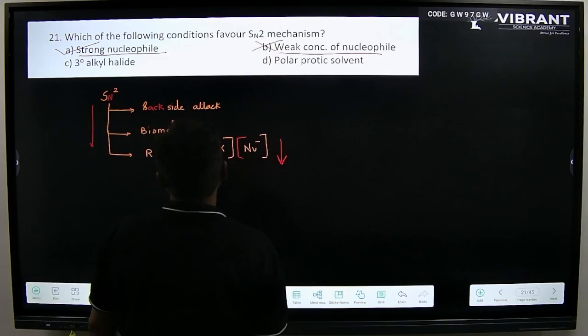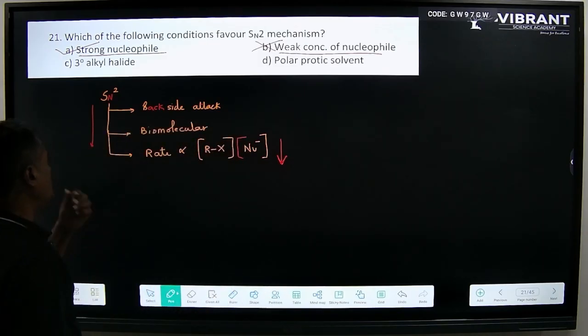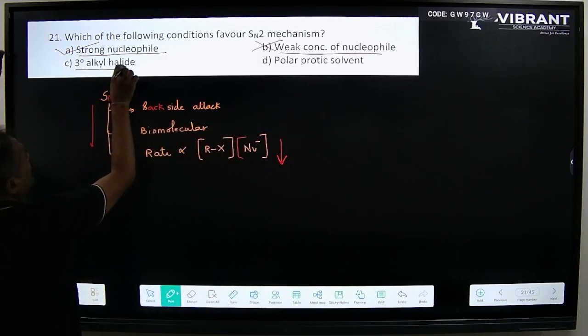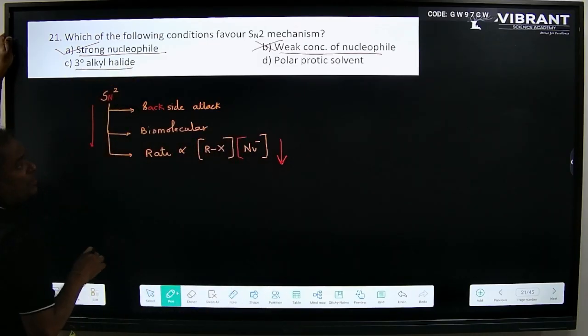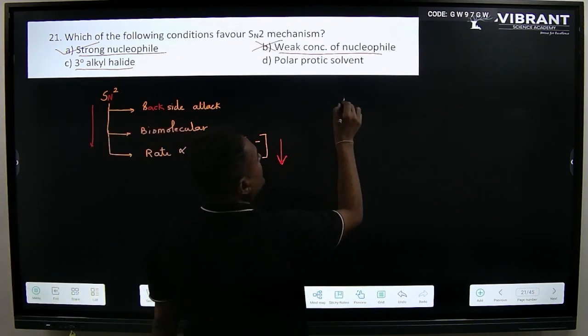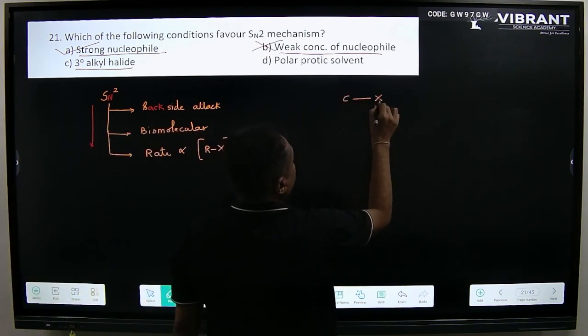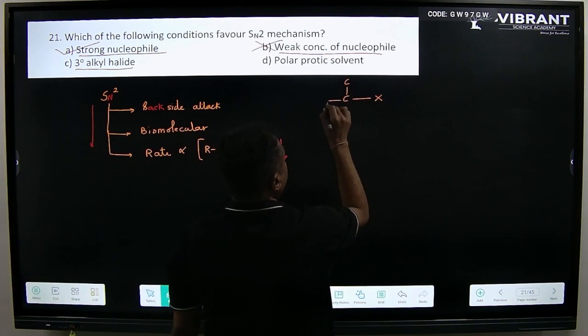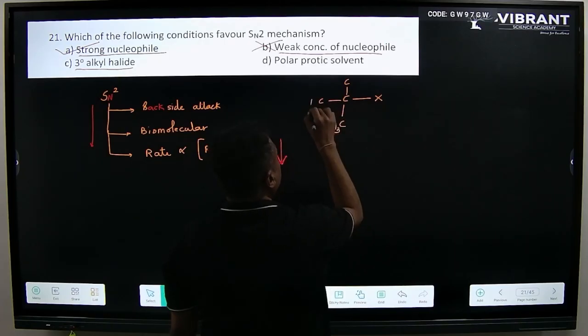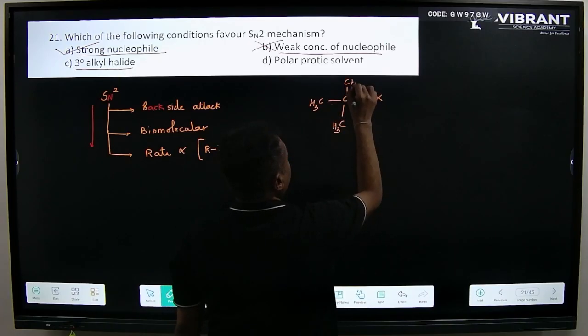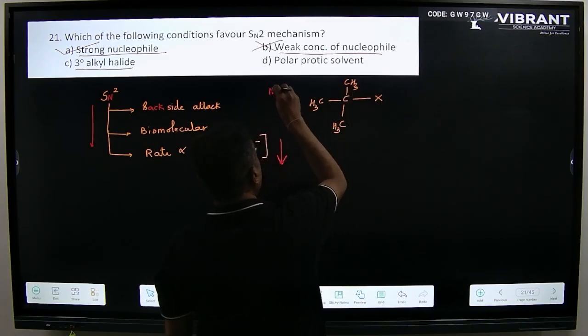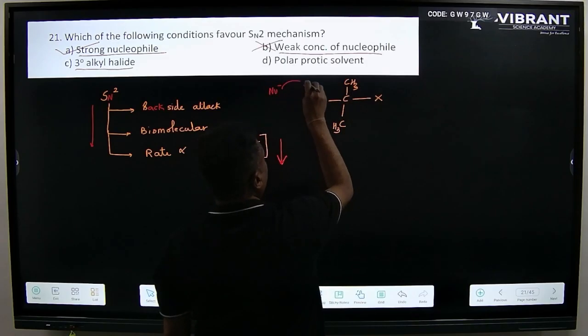Second point, you know that a tertiary alkyl halide cannot be there, because when you have a tertiary alkyl halide, what is a tertiary alkyl halide, child? I think it's a halide having 3 carbon atoms over here. And if you see the example, when I put methyl, can a nucleophile attack from the backside?